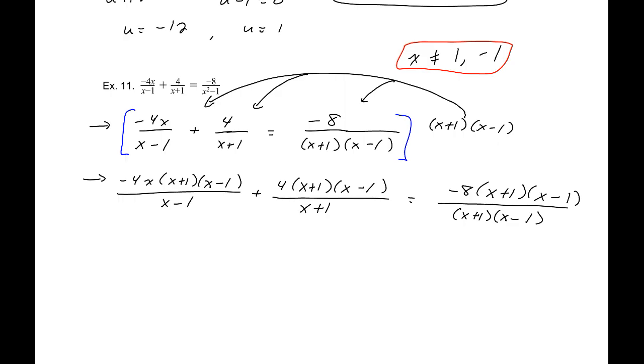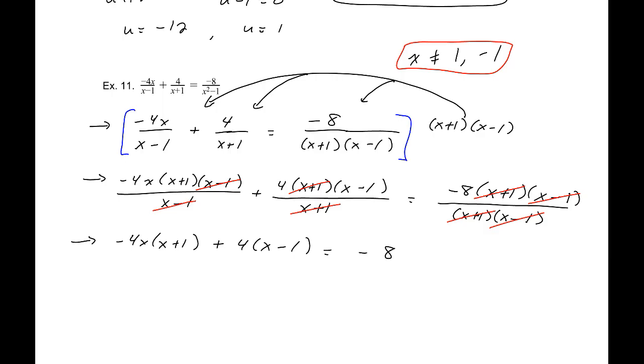Now several things cancel out. My x minus 1 term cancels out here. My x plus 1 term cancels out here. And here the x plus 1 and the x minus 1 cancel out, leaving us with -4x times x plus 1 plus 4 times x minus 1 equals -8.